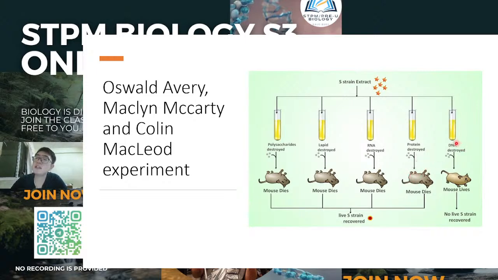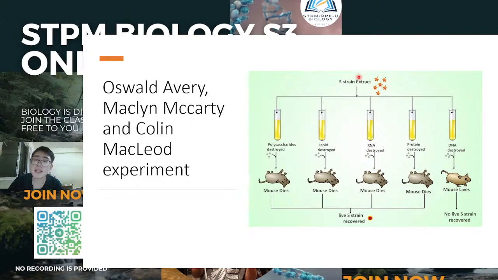But when DNA was destroyed, the mouse survived. For the ones that died, they analyzed the blood sample and found live cells were recovered. But for this one, no live cells at all.